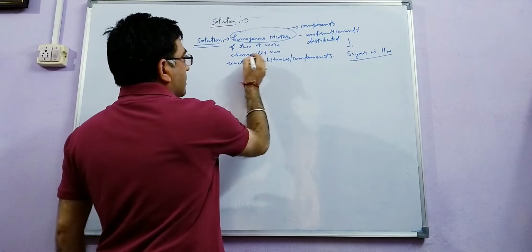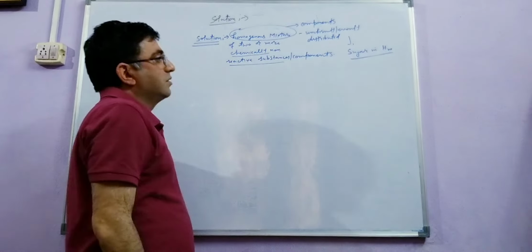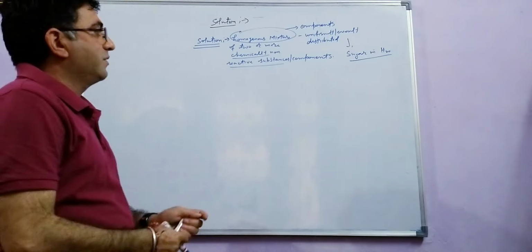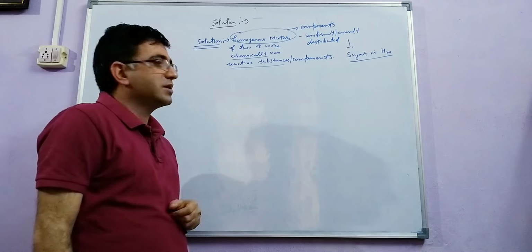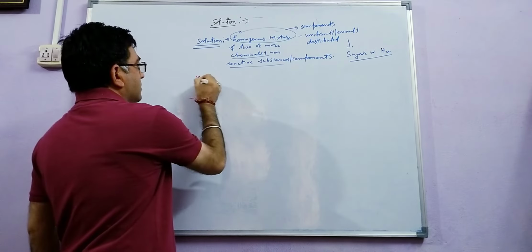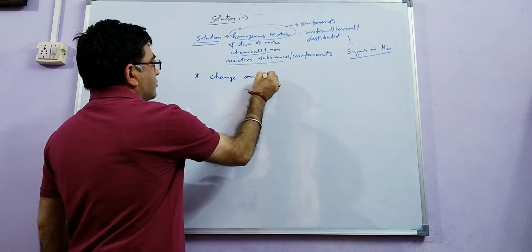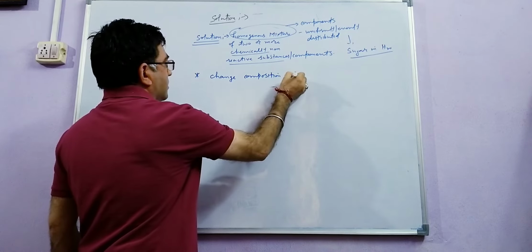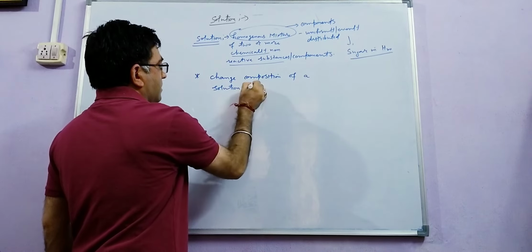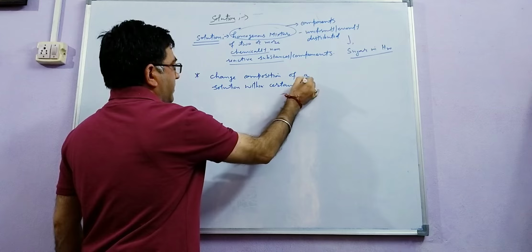Now next, a solution always contains chemically non-reactive substances. This is to avoid compound formation. If we have chemically reactive substances, then compound formation will take place. Clear? Now next, we can change the composition or concentration of a solution within certain limits.